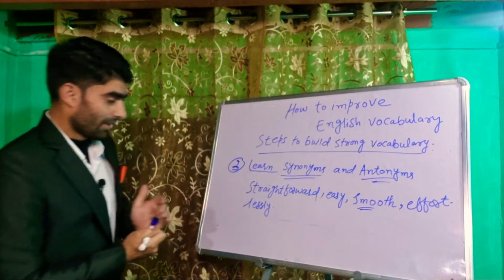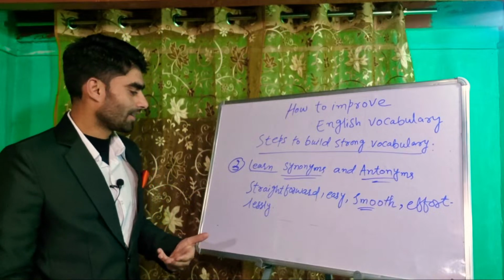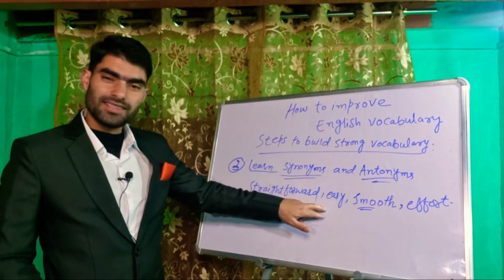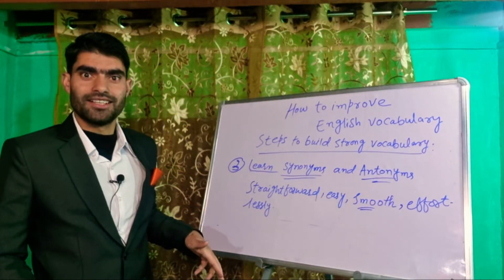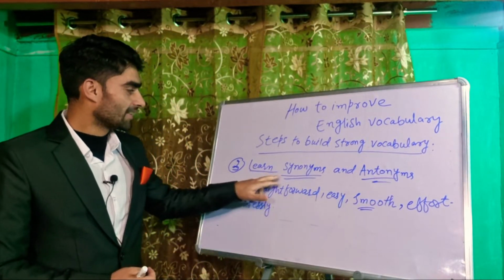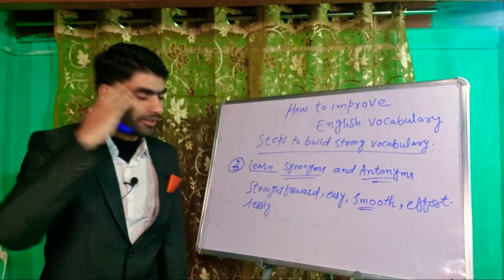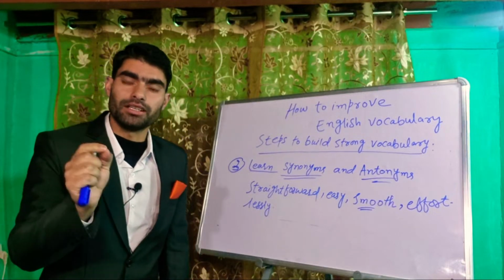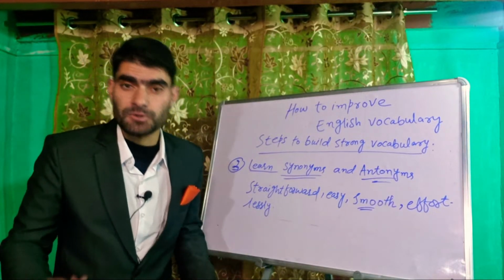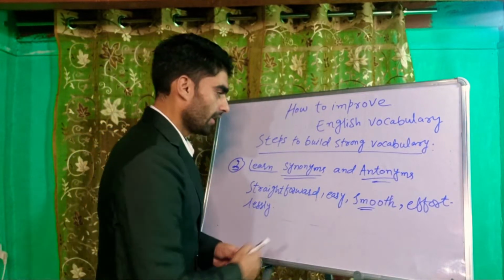Okay, so these are the synonyms for straightforward means आसान तरीके से, easy आसान, smooth आसान, effortlessly आसान. So you have to learn synonyms so that you can learn different kinds of words that have the same meaning. Maybe they differ in spelling but they have same meaning. Got it? And then we can learn antonyms.